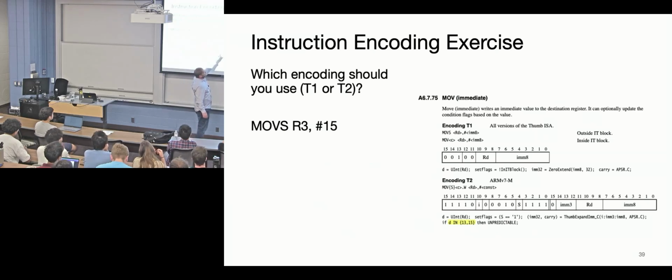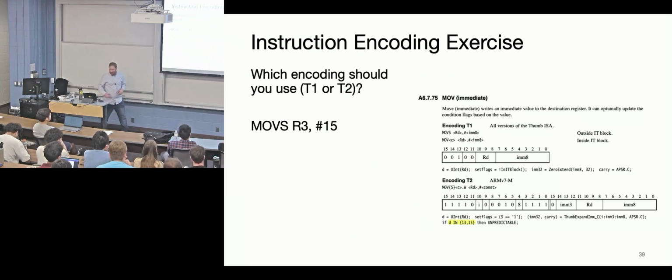So would you use a 16-bit instruction or a 32-bit instruction to encode this? 16-bit? Yep. Could you do it with a 32? Yes. So the compiler can make a choice, but there's no big advantage to using a 32.